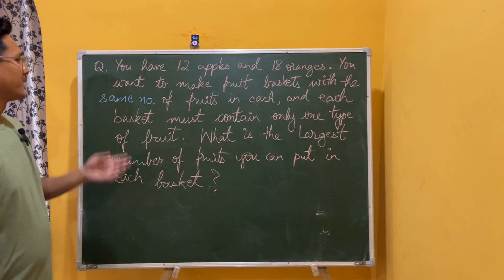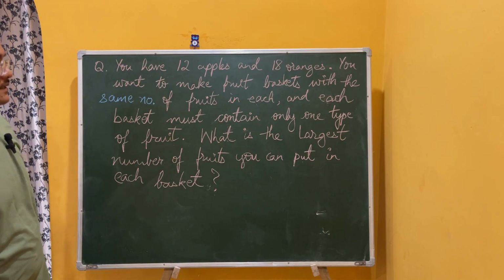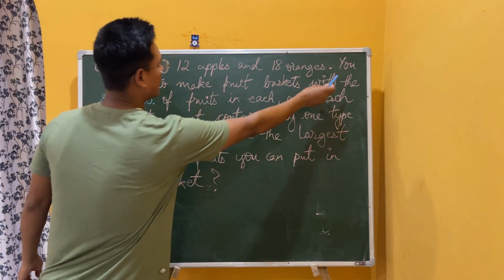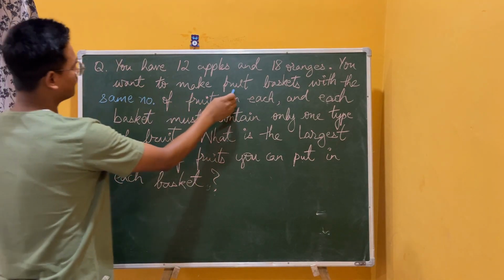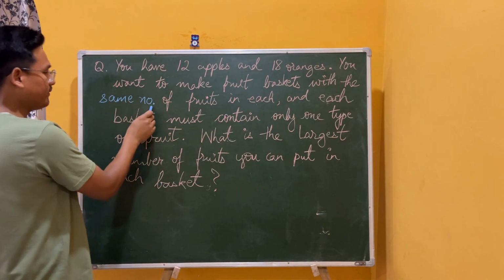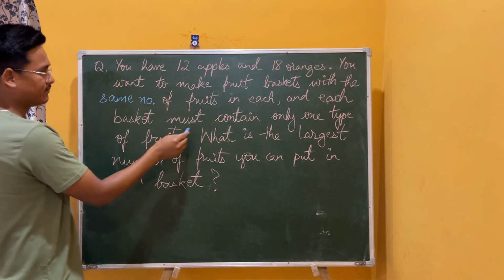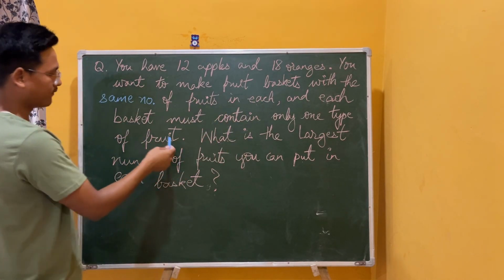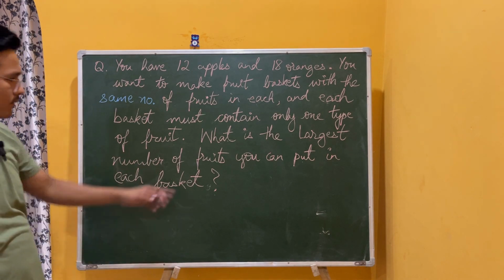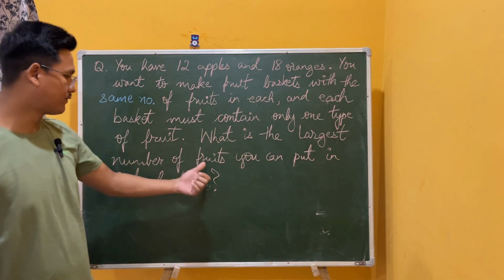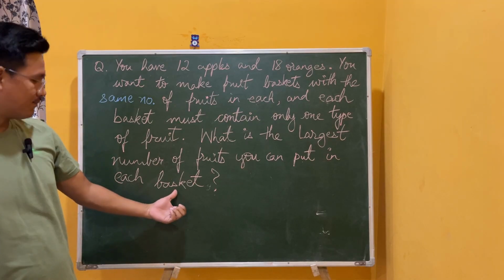It says you have 12 apples and 18 oranges. You want to make fruit baskets with the same number of fruits in each, and each basket must contain only one type of fruit. What is the largest number of fruits you can put in each basket?